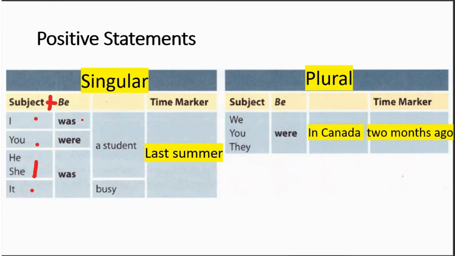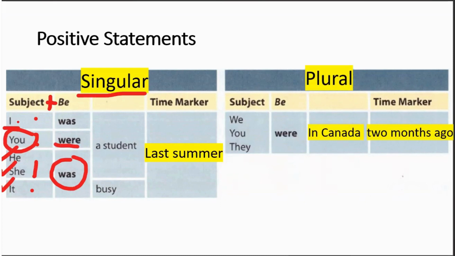Now, as you can see that there are two past forms of be we use depending on the subject. Here, for the singular subjects, if it is I, he, she, or it, we use was. But for you, even if it is referring to a single person, we use were.